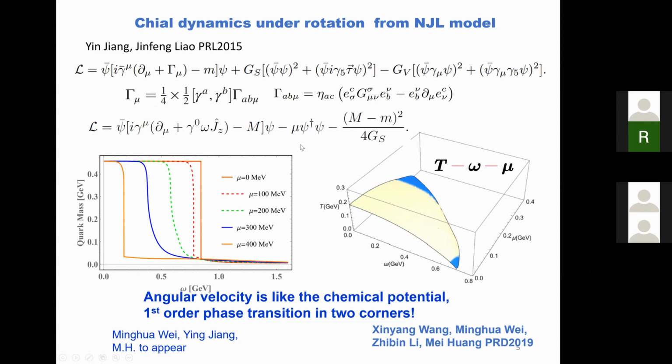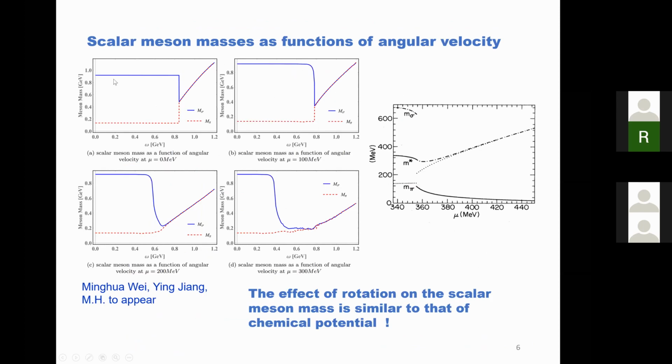This was also pointed out by Kenji. And indeed, for scalar and pseudo-scalar mesons as a function of angular velocity, you see that it's very similar to the scalar and pseudo-scalar mesons as a function of chemical potential. Very much similar.